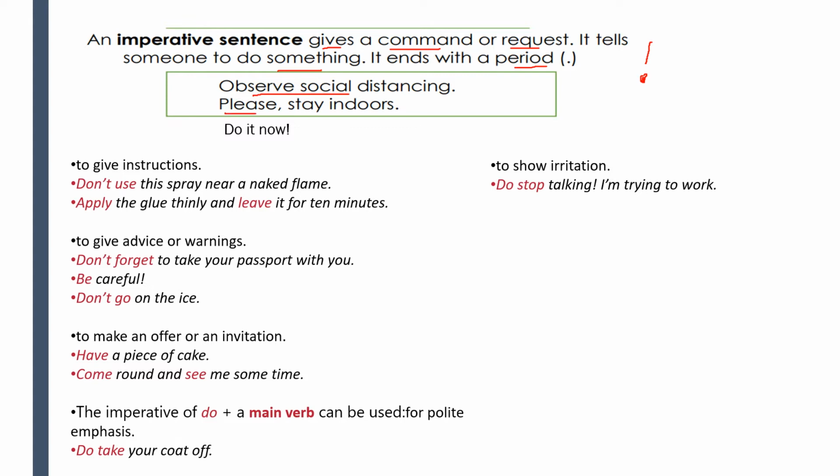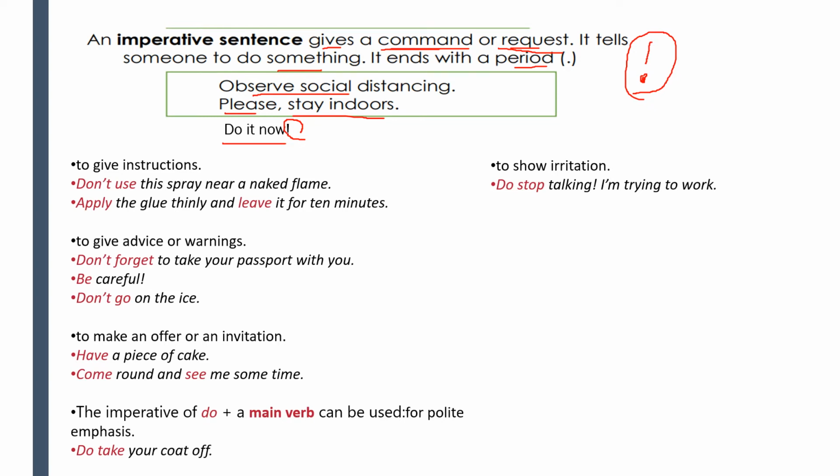Please stay indoors. So it is an example of a request. Just like this one, it gives a command. Do it now! All right, you're giving a command, and it ends with an exclamation mark.